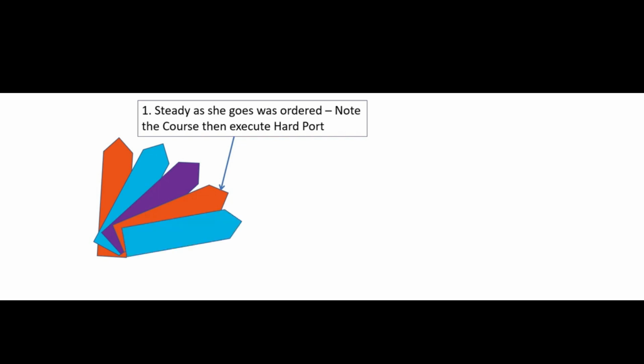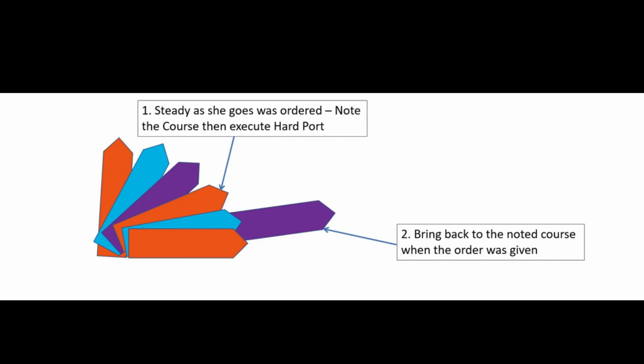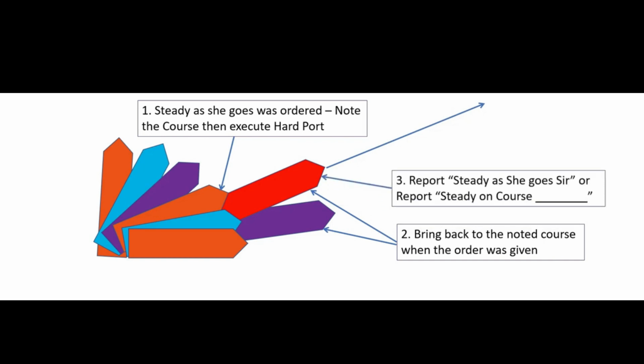Note the course, then execute hard port. 2. Bring back to the noted course when the order was given. 3. Report steady as she goes, sir, or report steady on course, so-and-so.